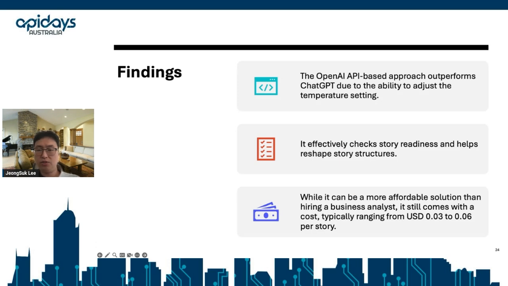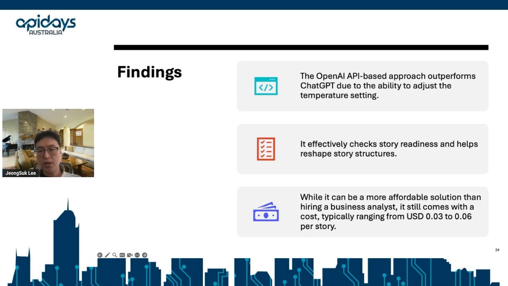Here are the findings during developing this prompt engineering. The OpenAI-based approach outperforms ChatGPT because of the ability to adjust the temperature settings. ChatGPT doesn't support adjusting the temperature, but OpenAI does.